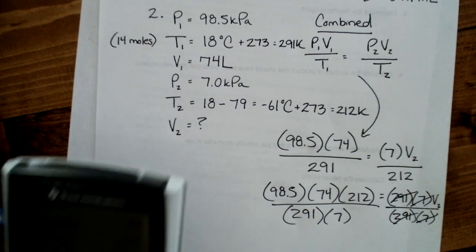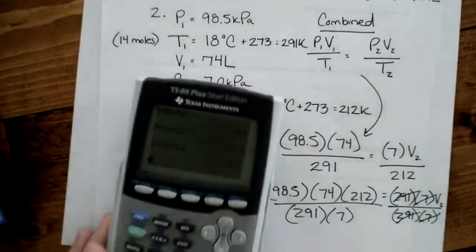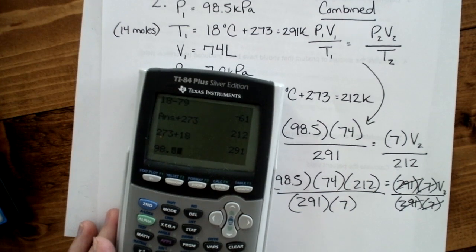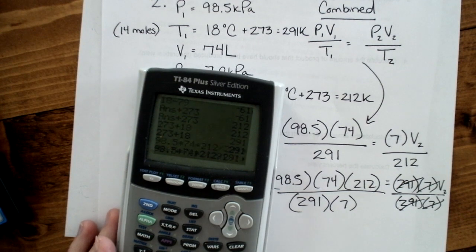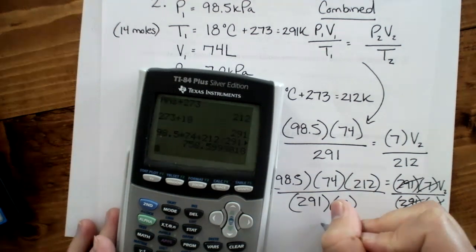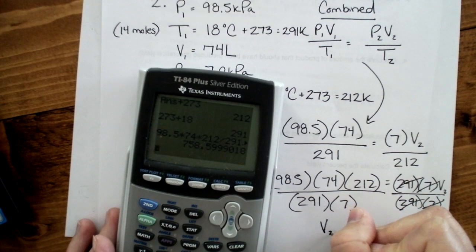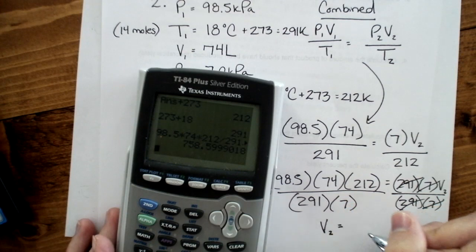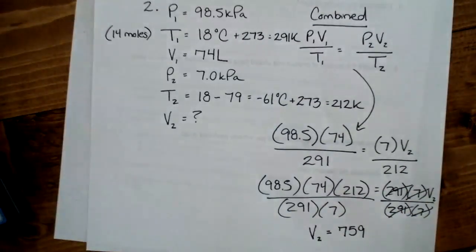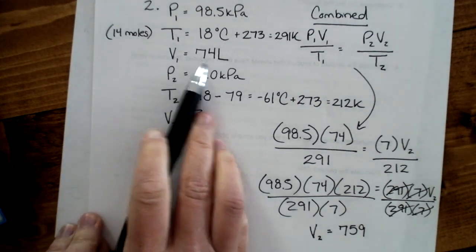I'm sure you are great with algebra, but just in case, I wanted to show my work there. 98.5 times 74 times 212 divided by 291 divided by 7. And we get V2 equals 759, which if you look at your original volume, it's 2 sig figs.